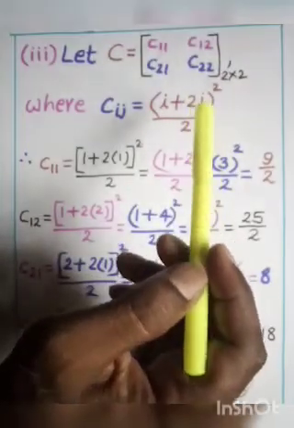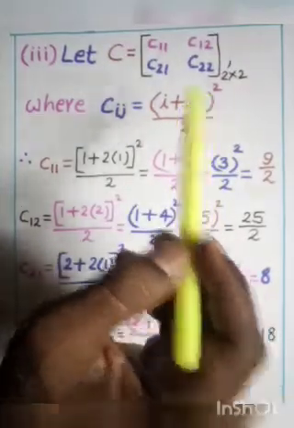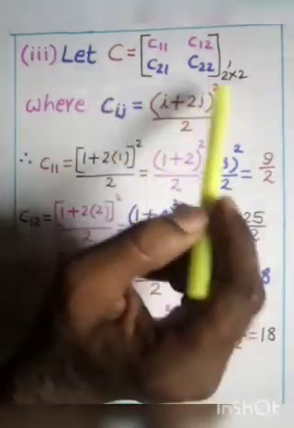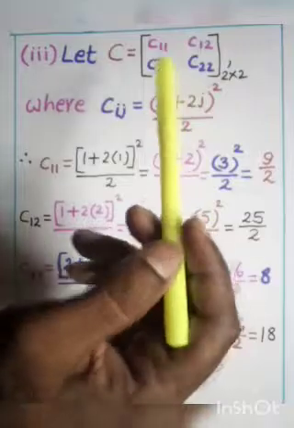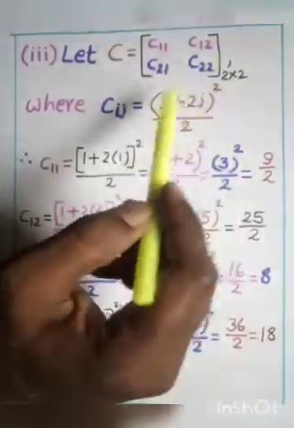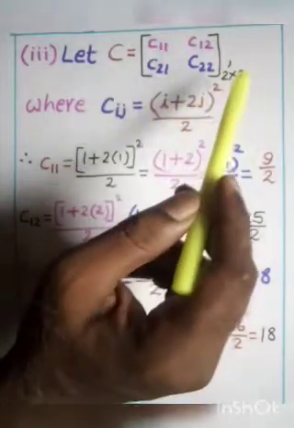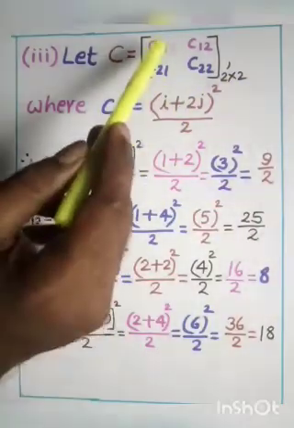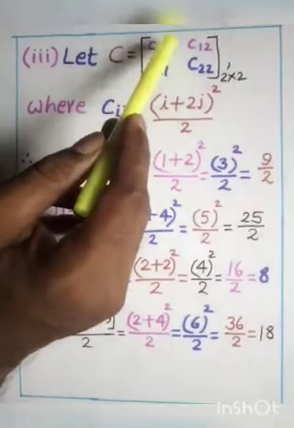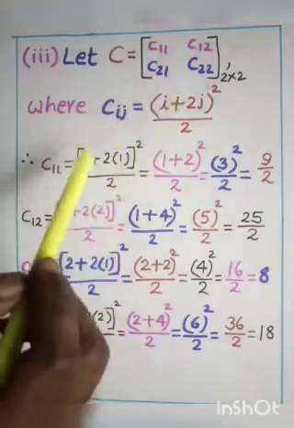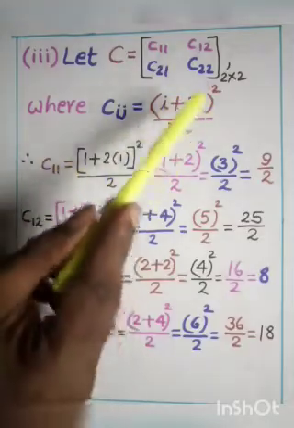Don't be confused here. Understood, my dear children? Right. (i plus 2j) whole square by 2. This definition, this rule is given in the question itself. Now we have to find these four elements by using this rule. Right. Therefore, C11, we are finding the first element in the first row of this matrix. Now we substitute i is equal to 1 and j is equal to 1 in this rule.